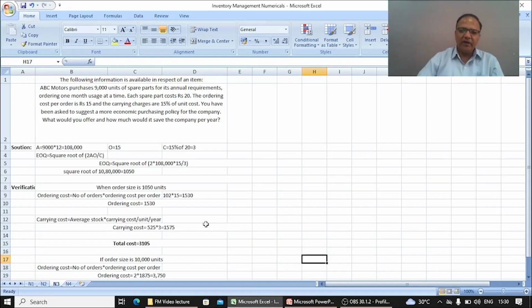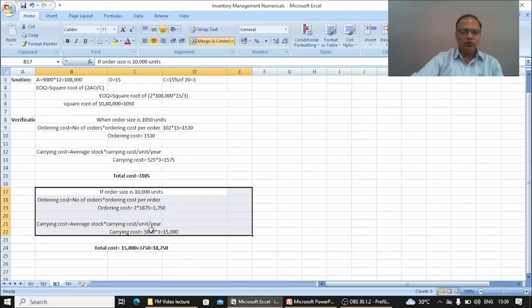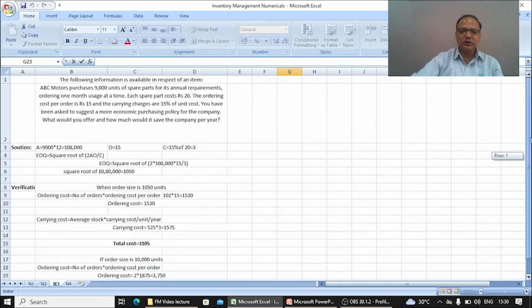Now second thing, what would you offer and how much would it save the company per year? If you are applying this EOQ model, then total cost is 3105, but if the organization doesn't want to follow this policy, then what will be the cost?